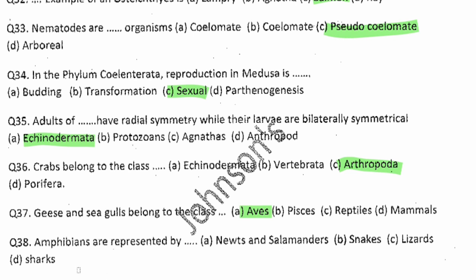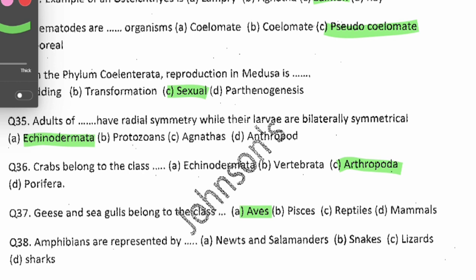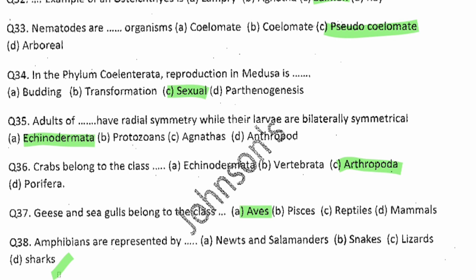Shark. Is shark an amphibian? No. You already know that shark is aquatic, right? Shark is a fish. So shark here is not the answer, because shark is classified under Pisces.